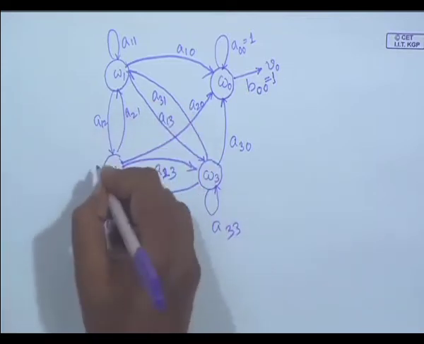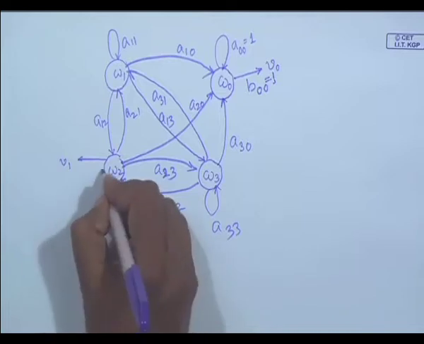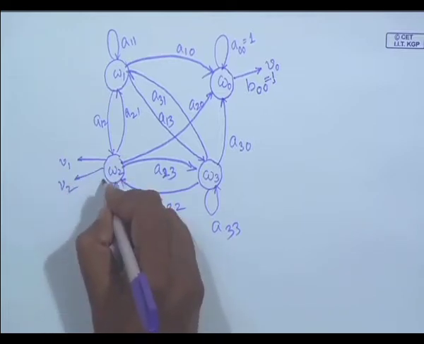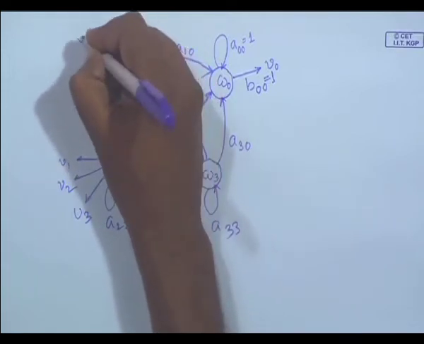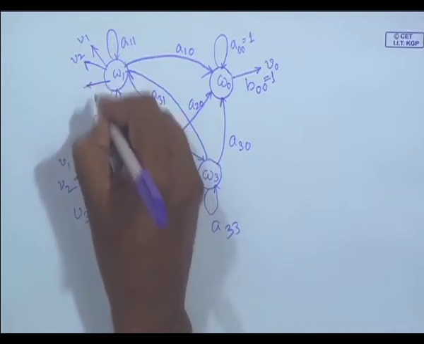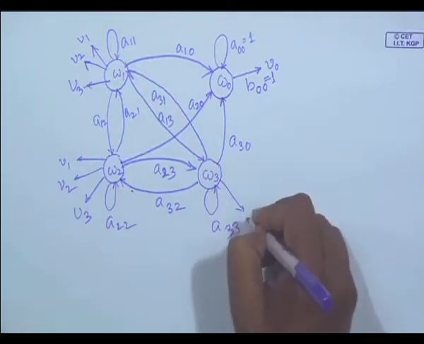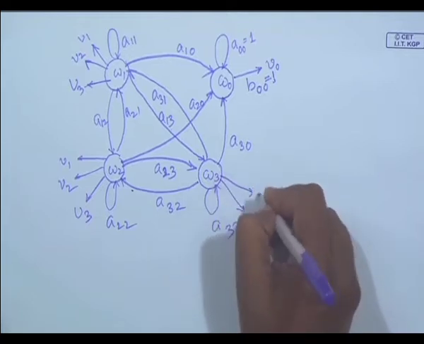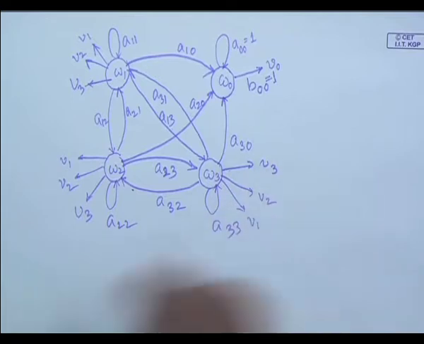Whereas, for all other states, they have V 1, V 2, V 3. Similarly, from here I will have V 1, V 2, V 3, and from here also I will have V 1, V 2, V 3, with the respective probabilities of emission.